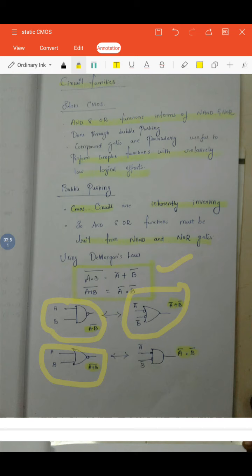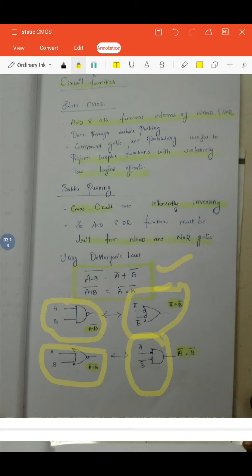Similarly, for a NOR gate, the second gate, (A plus B) the whole bar gives the output. The NOR operation can be represented using De Morgan's next law, that is (A plus B) the whole bar is equal to A bar dot B bar. You find that A bar dot B bar means the function is AND. So draw an AND gate and invert the inputs of the AND gate.